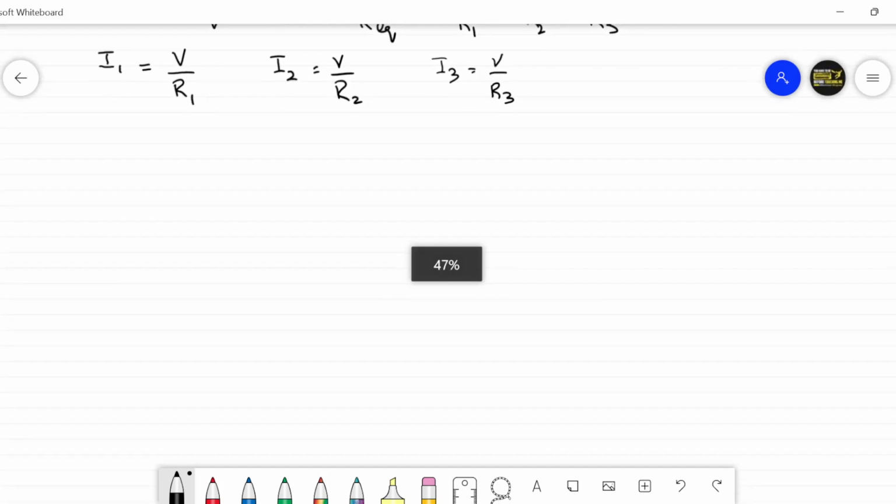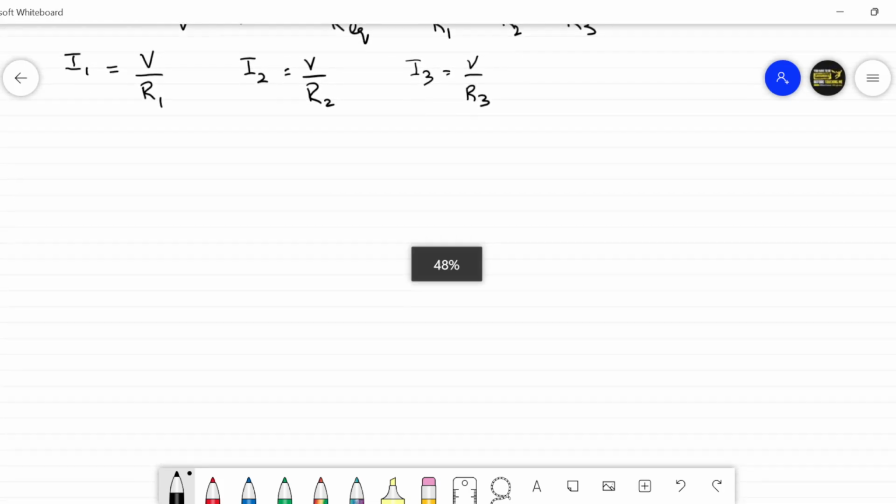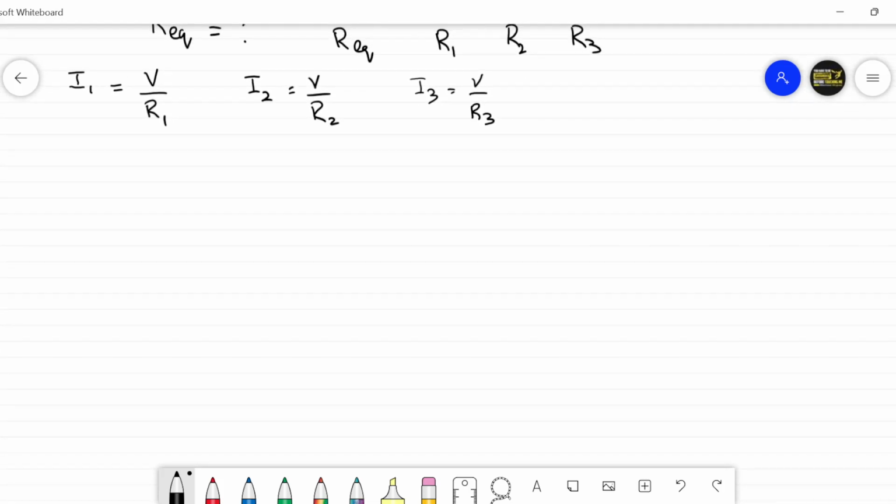So this is about series and parallel combination of resistances, and from Ohm's law we have actually tried to derive the value of voltage across each resistance in series combination and value of current across each resistance in a parallel combination.